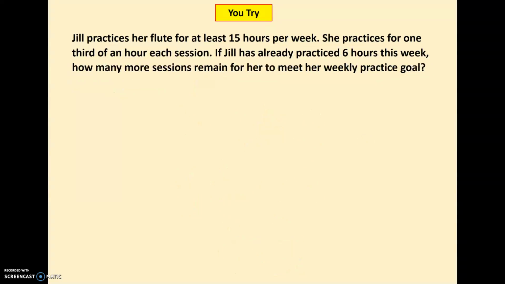So here's the You Try. Go ahead and pause it. Okay, so I'm going to quickly solve it. So at least, greater than or equal to 15, she practices for 1/3 of an hour each session, and she's already practiced 6 hours. So 1/3 h, subtract 6. Let's see, 7, yes, 7.